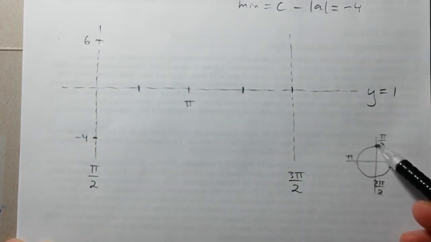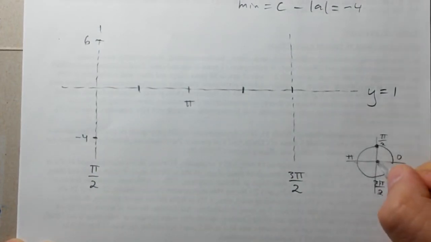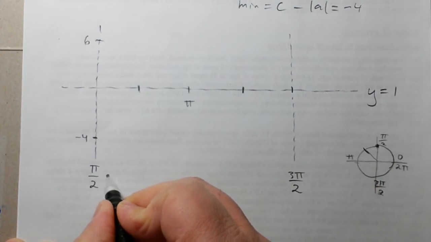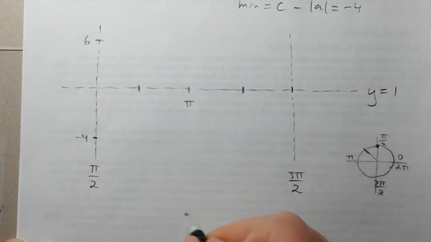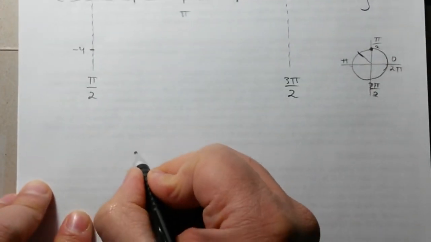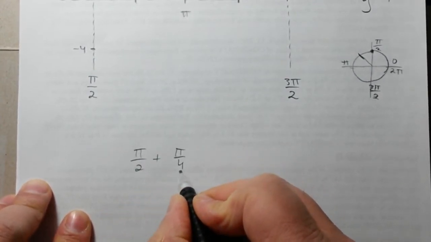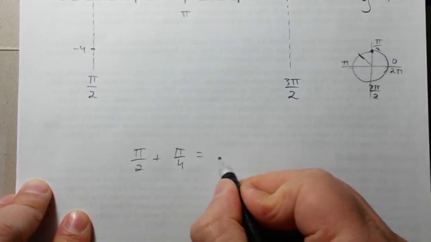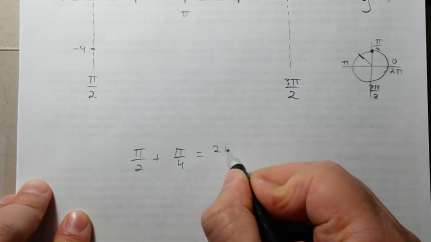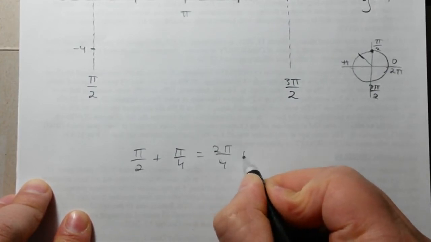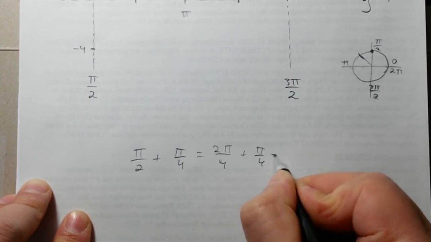So between these two, pi over 2 and pi, we're going to have that value. So that means we need to add pi over 4. So what's pi over 2 plus pi over 4? Well, let me make the calculations here. Pi over 2 plus pi over 4 is like saying 2 pi over 4 plus pi over 4. So that's 3 pi over 4.